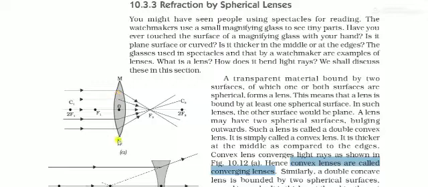After refraction from the lens, they will converge at this point f2. I will explain what is f1 and what is f2 in the next topic, but let me explain one thing here, why it is a converging lens. All the rays of light are parallel to the principal axis and after refraction from the lens, see, refraction is happening here.